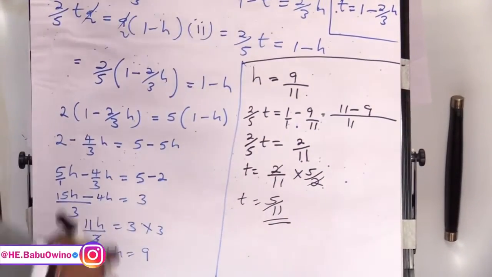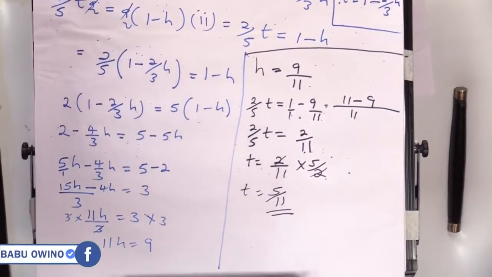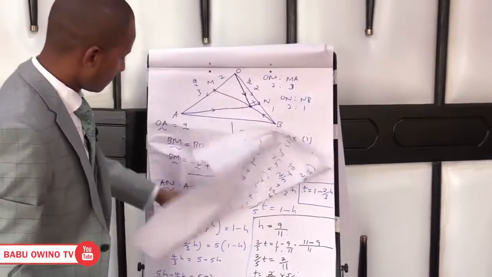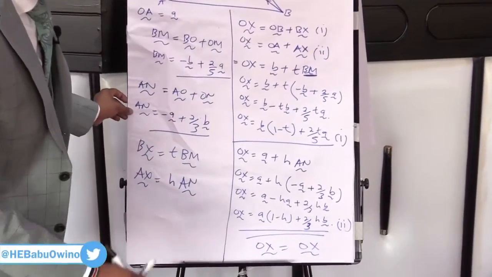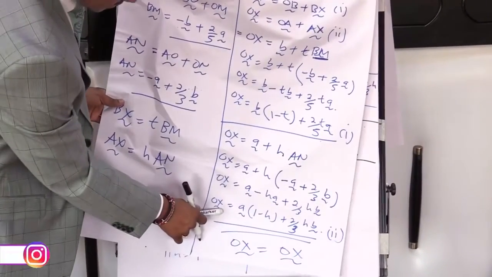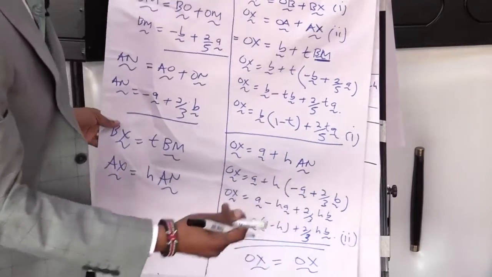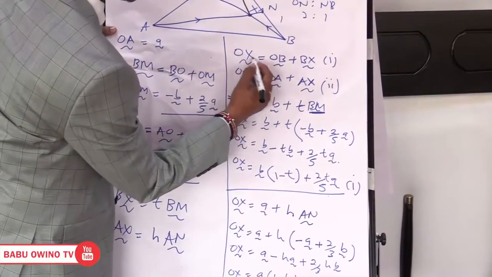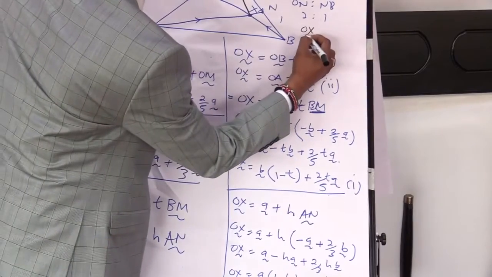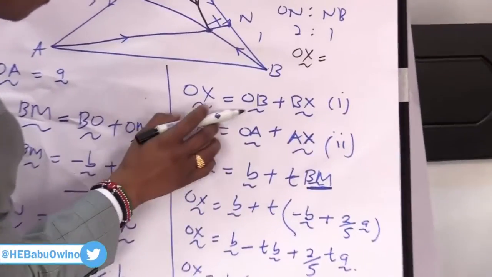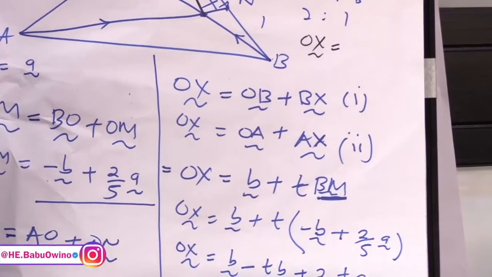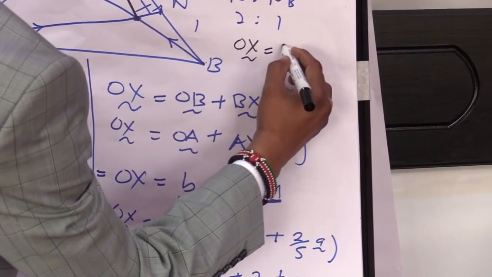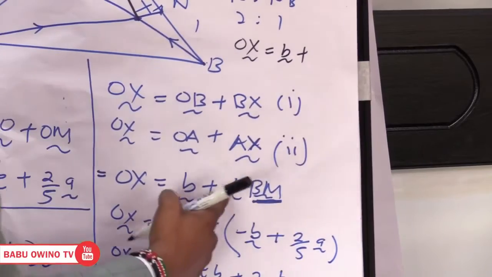So you are told to express OX in two different ways. From the previous working, where there is h, the first way, OX therefore becomes OX equals to OB, which is B, our first value here is B, plus T of BM.